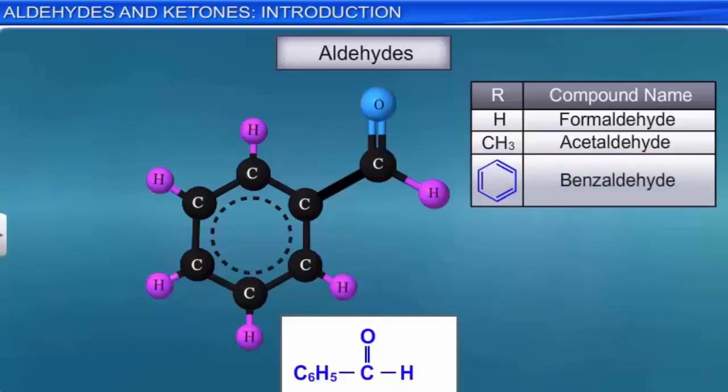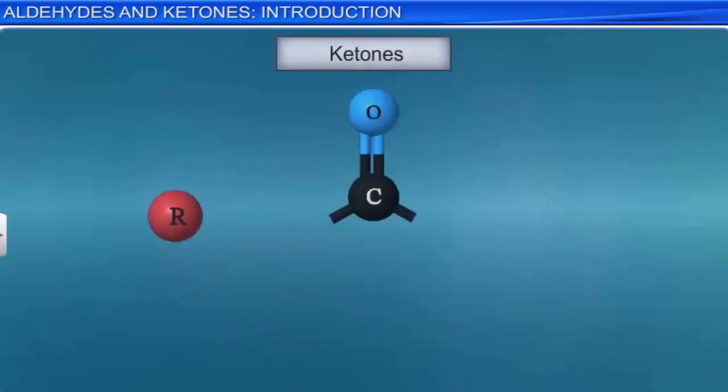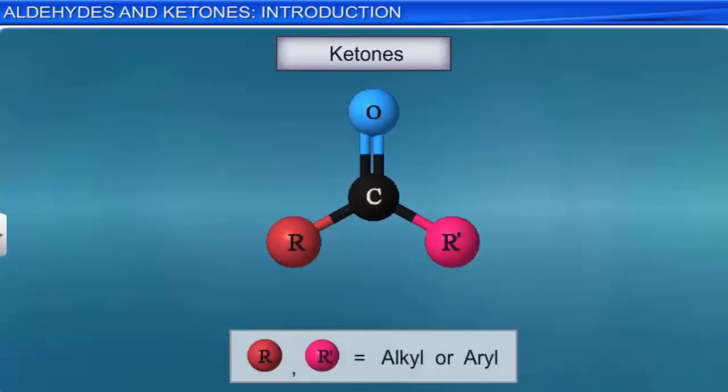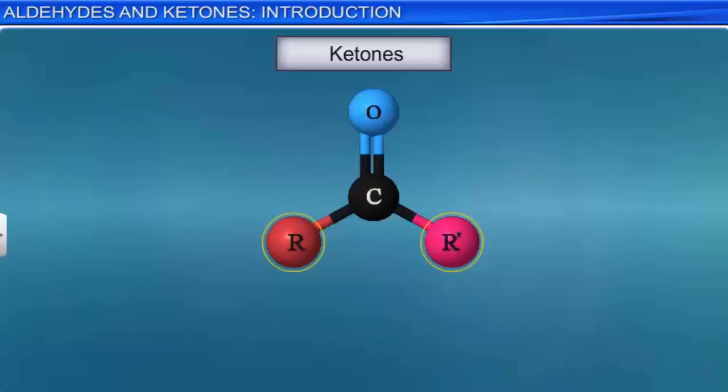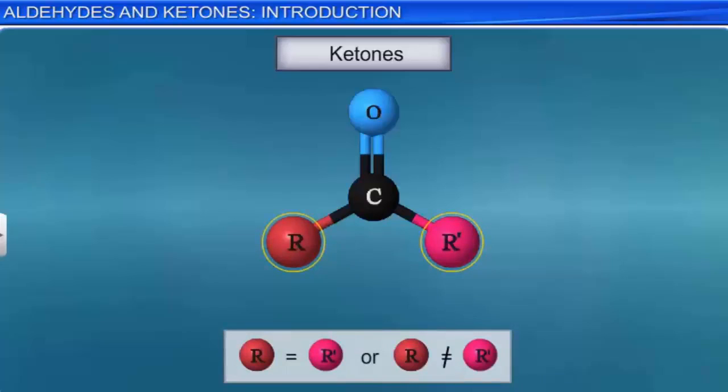In ketones, the two valencies of the carbonyl group are satisfied by two alkyl or aryl groups, R and R', which may be the same or different. If R and R' both represent the same group, then the ketone is called a simple ketone.